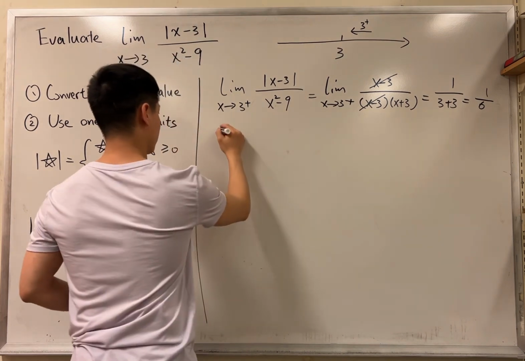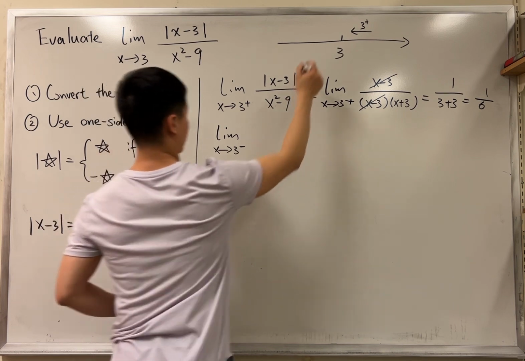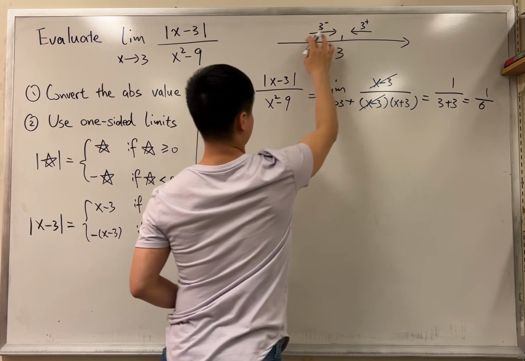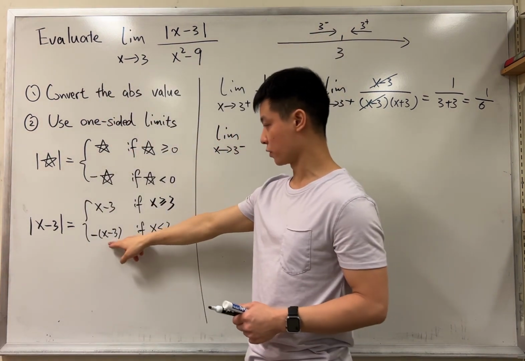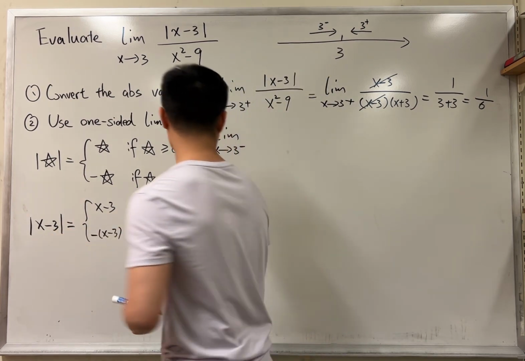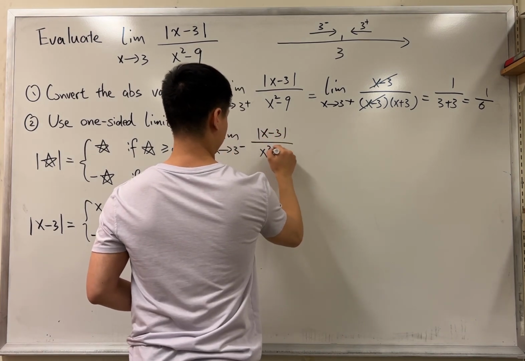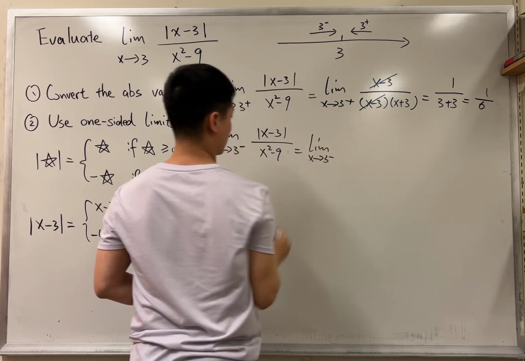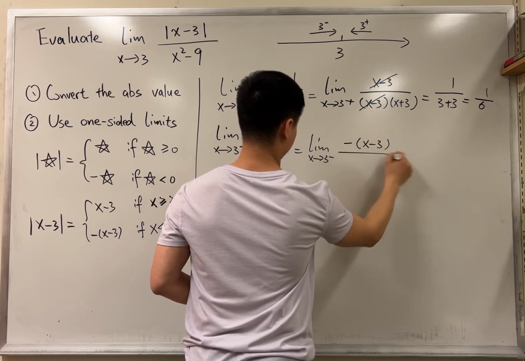Similarly, we do it for the left side limit. Approaching from the left, we're going to have x value less than or equal to 3. So we're going to use the second expression to replace the absolute value of x minus 3. So now we have negative of x minus 3 divided by the same thing.